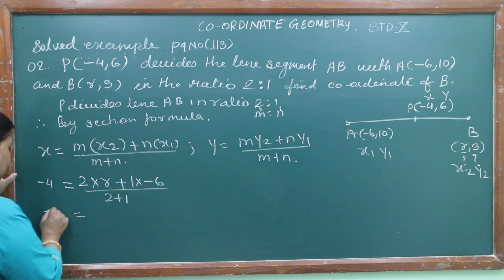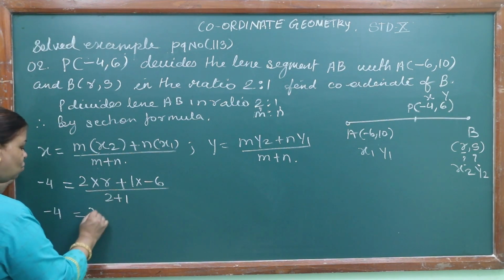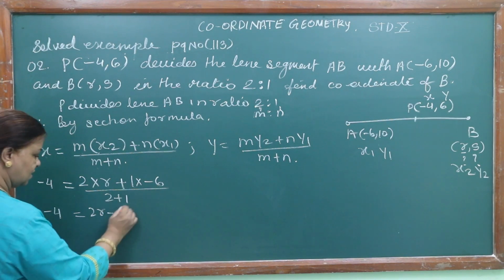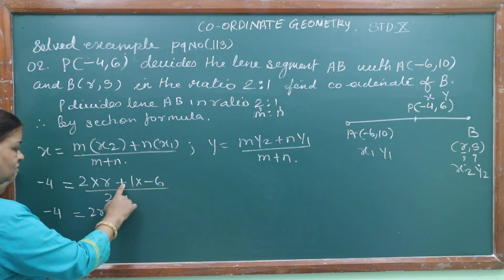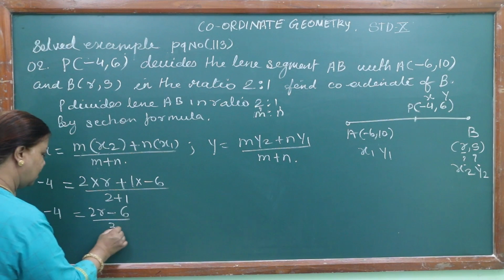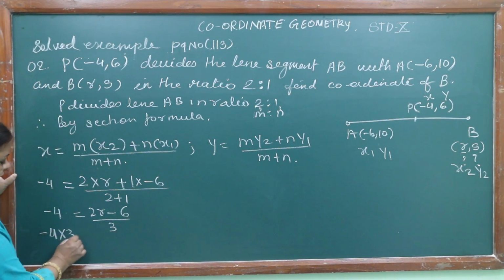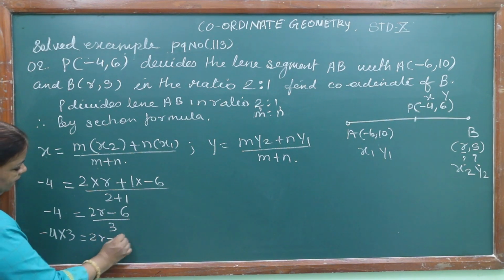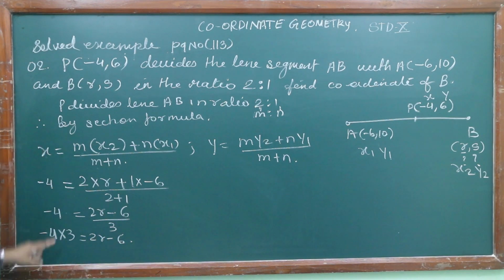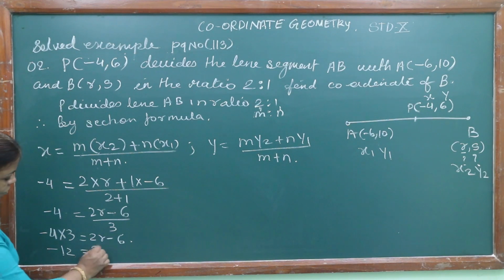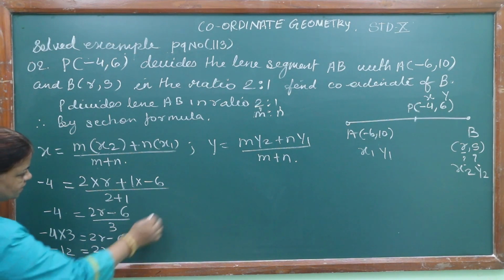We will get minus 4 equals 2r minus 6 upon 3. 3 will go and multiply with 4. Minus 4 into 3 is equal to 2r minus 6. Now minus 4 into 3 is minus 12, children, is equal to 2r minus 6.